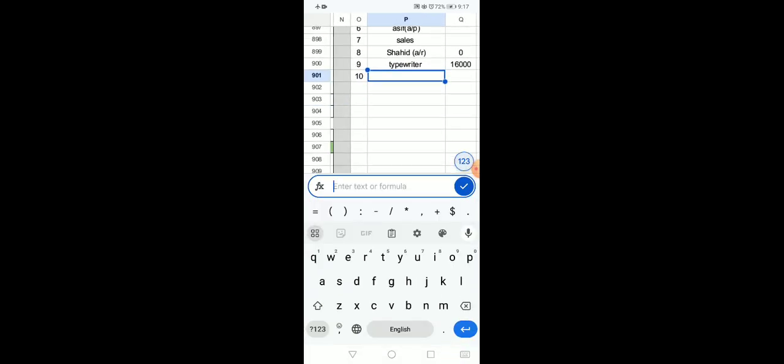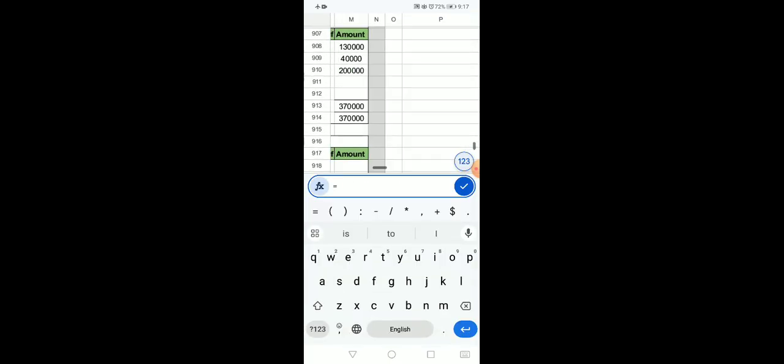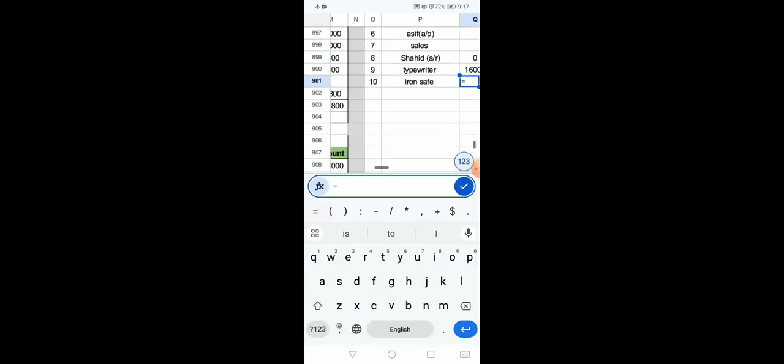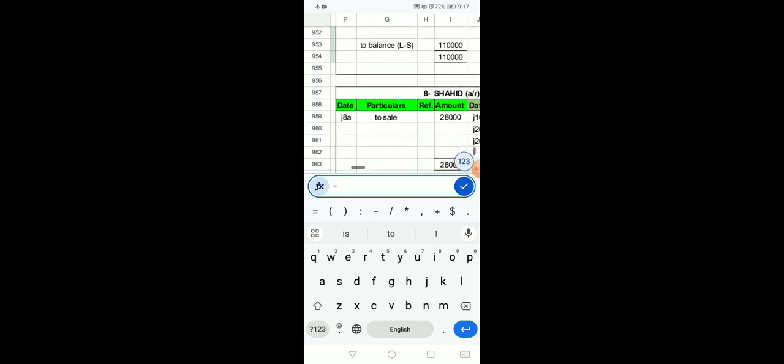It's time to see what the 10th ledger is. The title of the 10th ledger is iron safe. So you are going to put iron safe in the title, and now you are going to say where the amount of balance brought down for iron safe is. It was ledger number 10. So let's go to ledger number 10.